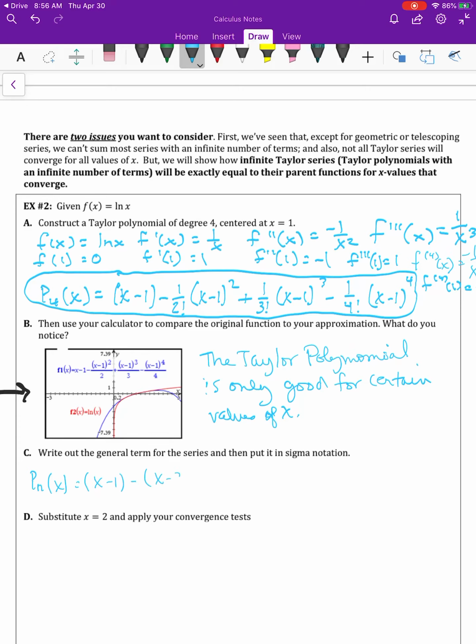So we can kind of see that if we were talking about the nth one, we'd still have your x minus 1 minus, this would be x minus 2 squared over 2 plus x minus 3 over 3.